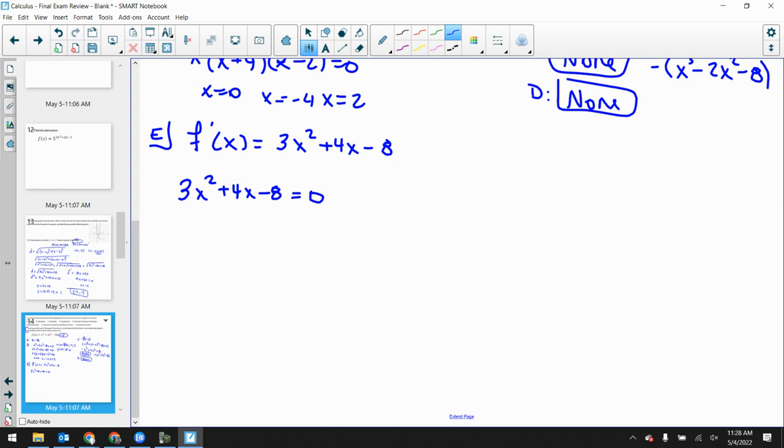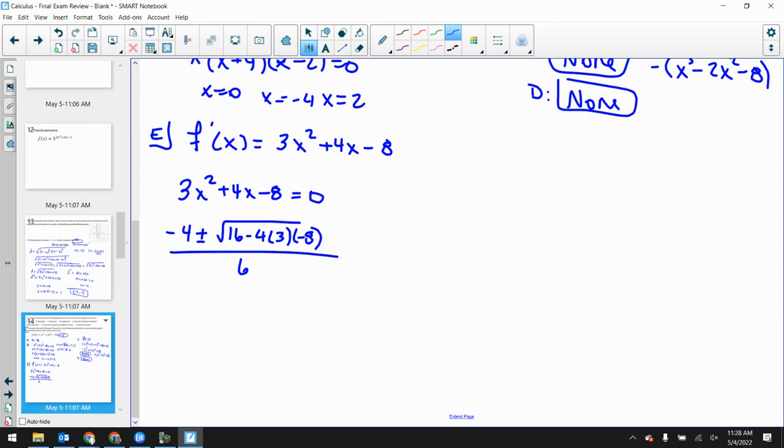So you guys want to just do the quadratic formula? Yeah. Why not? Sure. Opposite of b, plus or minus the square root of b squared, 16 minus 4ac, all divided by 2a, so 6.